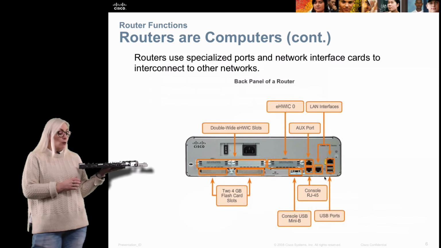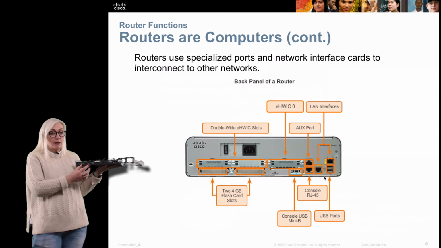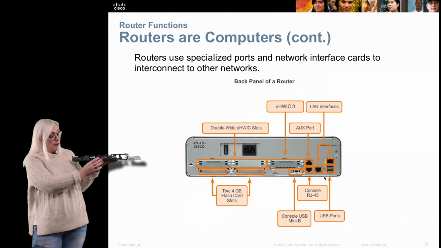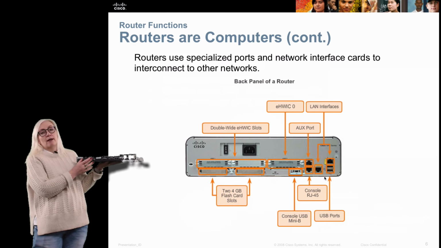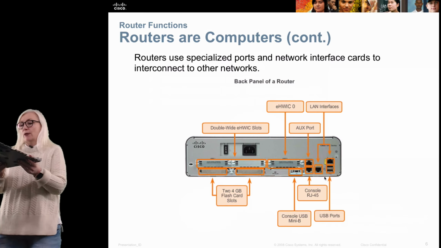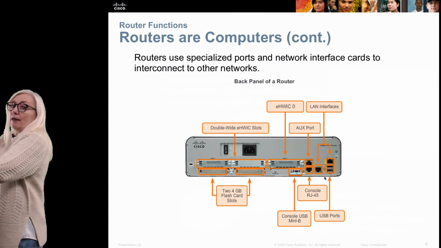You can have wireless ports, you can have other types of ports depending on your need. This one here is pre-installed, so I cannot change it. I have 2 serial ports and 2 Ethernet ports in this one. But you normally buy what you need now, not a static setup like this one.